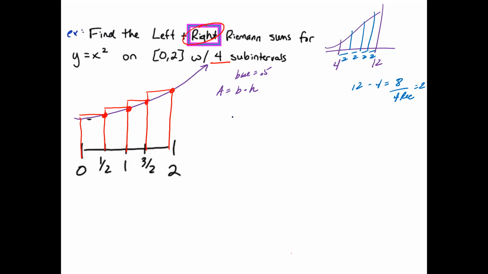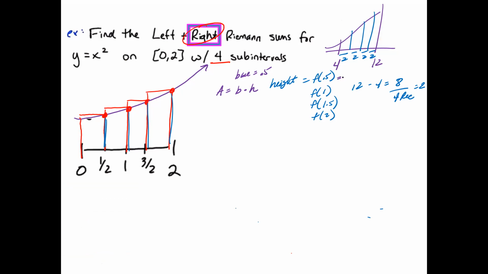So then looking at this here, let's find the height. Your height is going to be, you're going to start on the right side, f of 0.5, f of 1, f of 1.5, and then f of 2. So notice here your height's a little bit different.